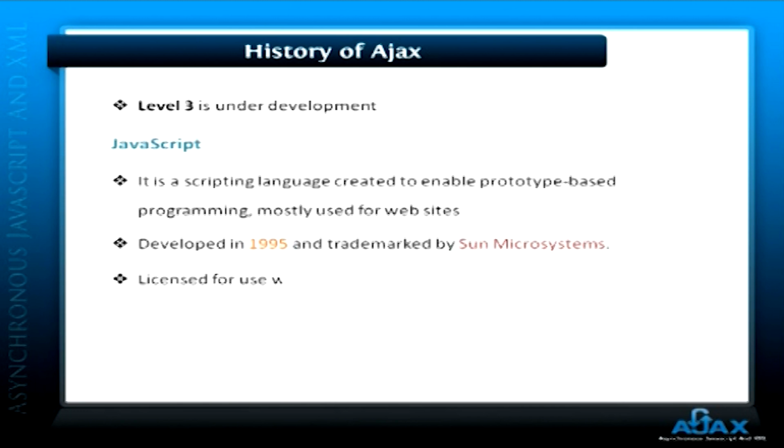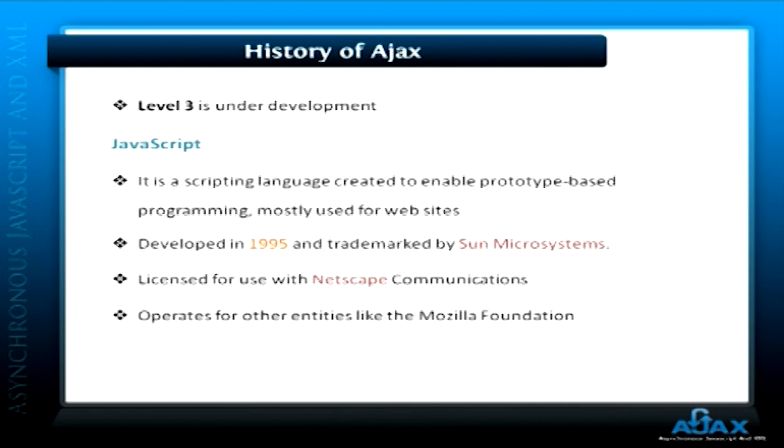It was licensed for use with Netscape Communications when Netscape began to support Java technology in its Netscape Navigator web browser. Currently, JavaScript also operates for other entities like the Mozilla Foundation. As of 2006, the latest version of this scripting language is JavaScript 1.7. Now let's see something about the last important component.